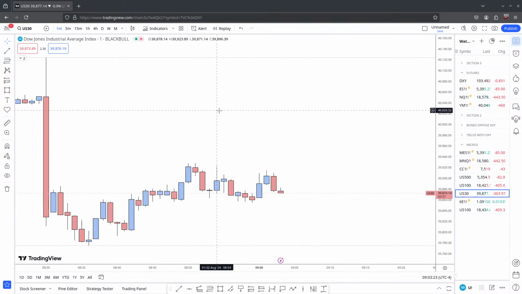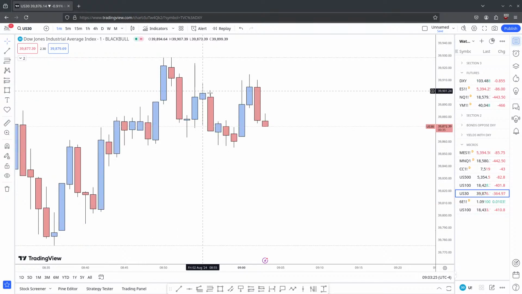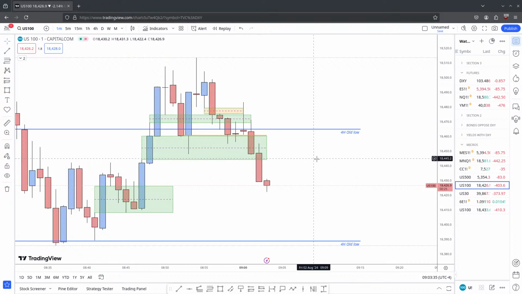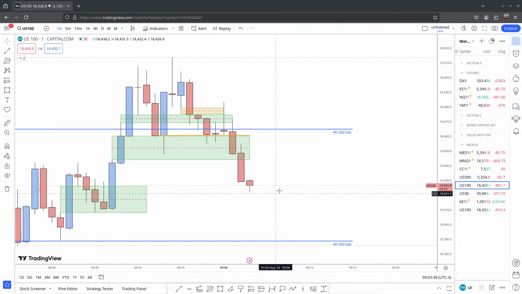On US 30, take note that again, candle bodies are lower. They're inside of this fair value gap essentially, as well as this order block here. So look at your candle bodies. So that to me indicates lower prices.